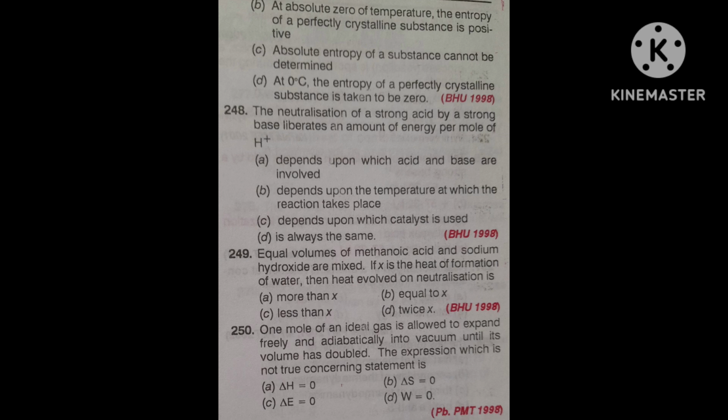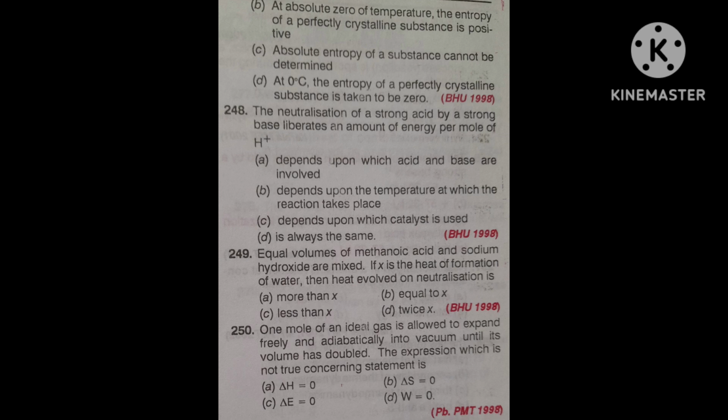The question is a little twisted. Here they have made a little change. First, what is methanoic acid? That you have to understand. And second, sodium hydroxide is a strong base.